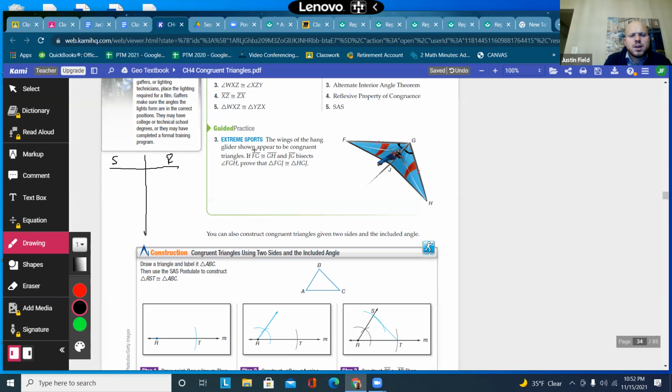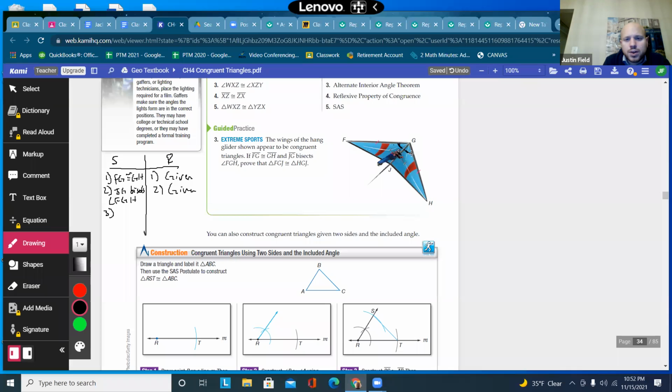So FG is congruent to GH, given, and JG bisects angle FGH. That's a given. 3.